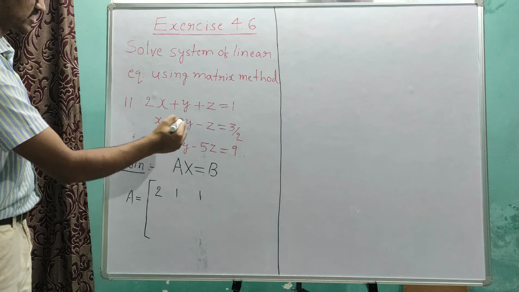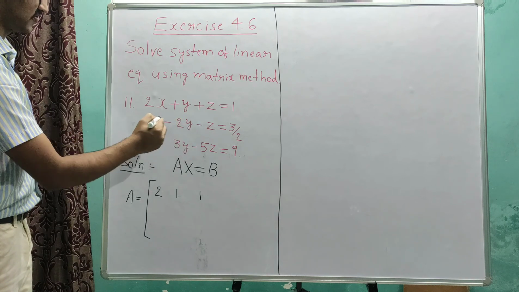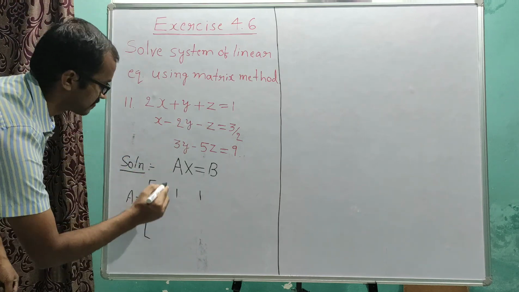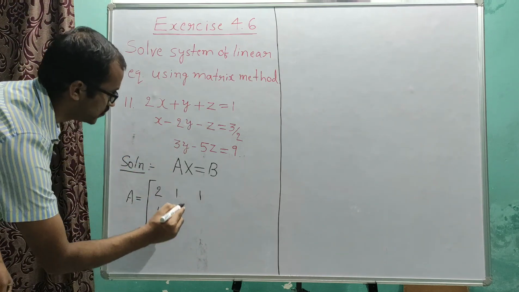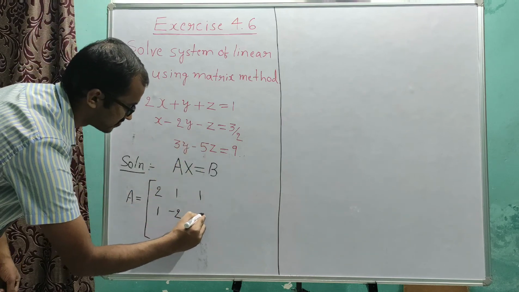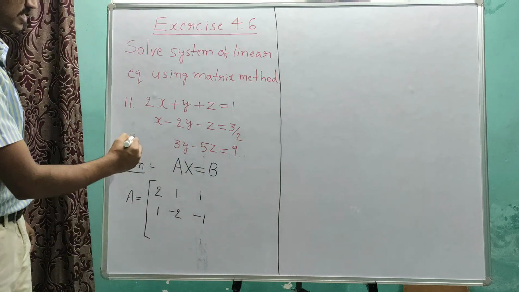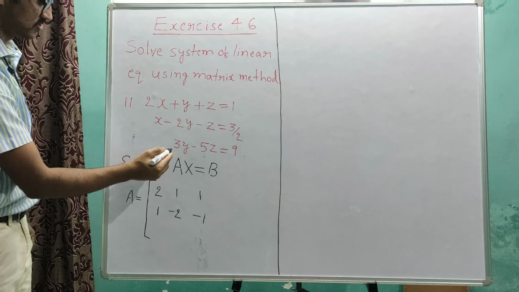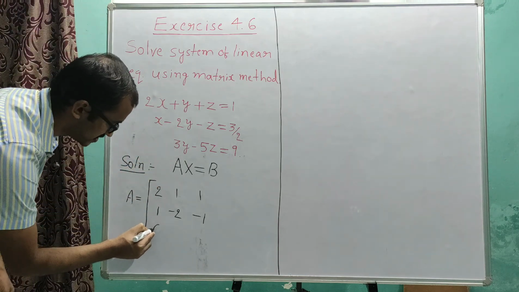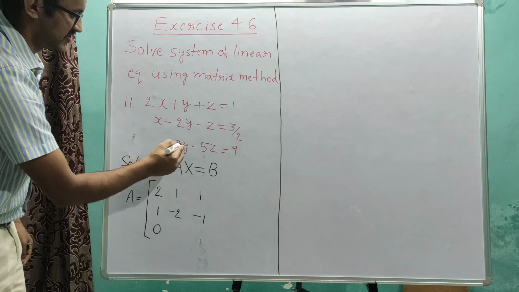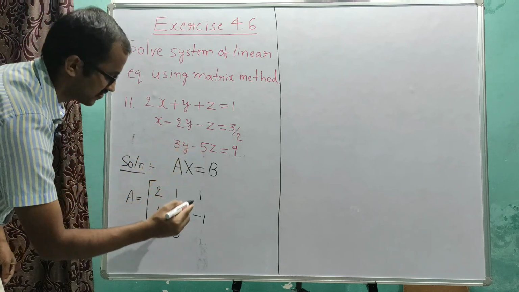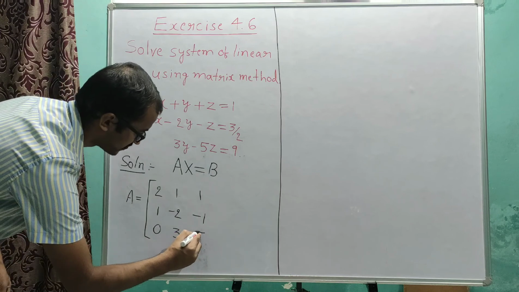Similarly, in the second equation, the coefficients of x, y and z are 1, minus 2, minus 1. In the third equation, there is no x variable, so coefficient of x is 0, coefficient of y is 3 and coefficient of z is minus 5.